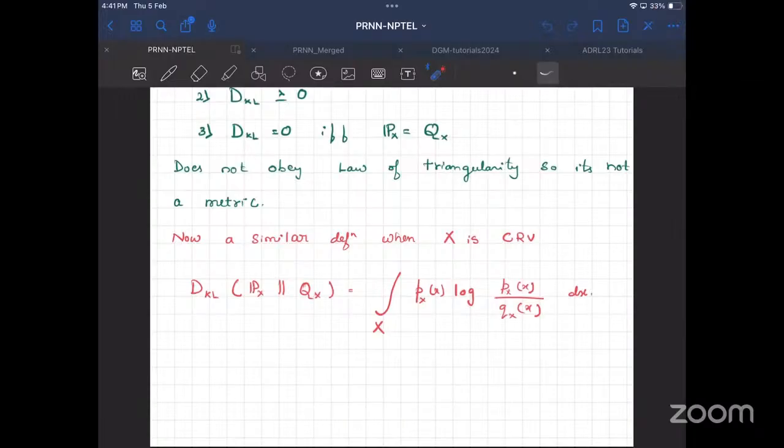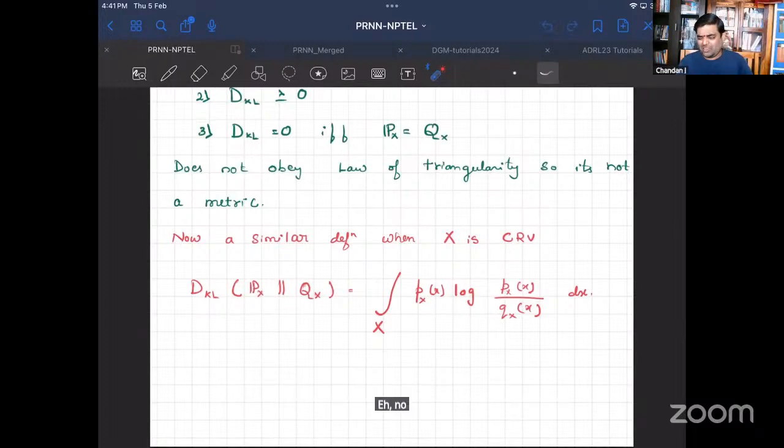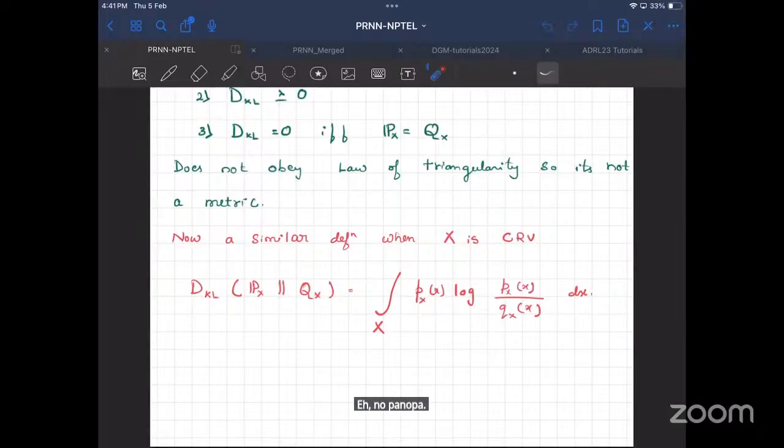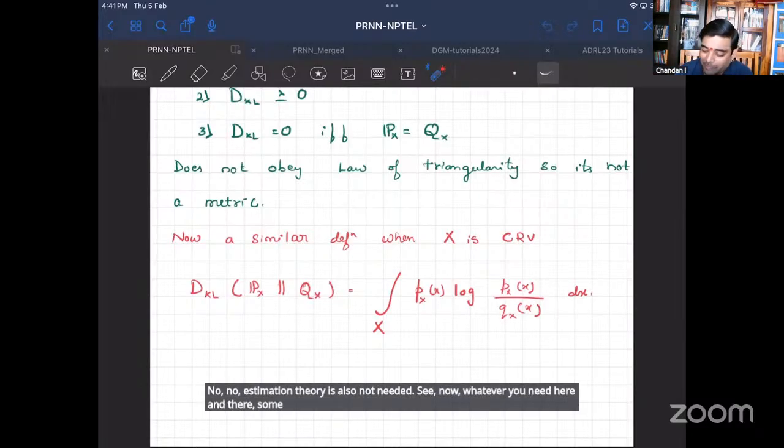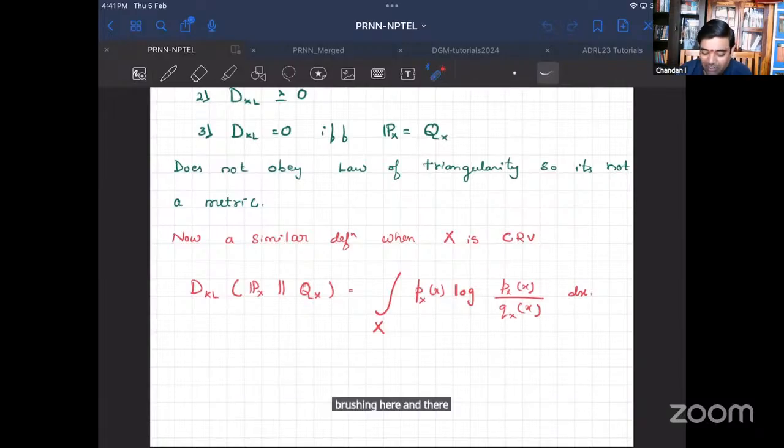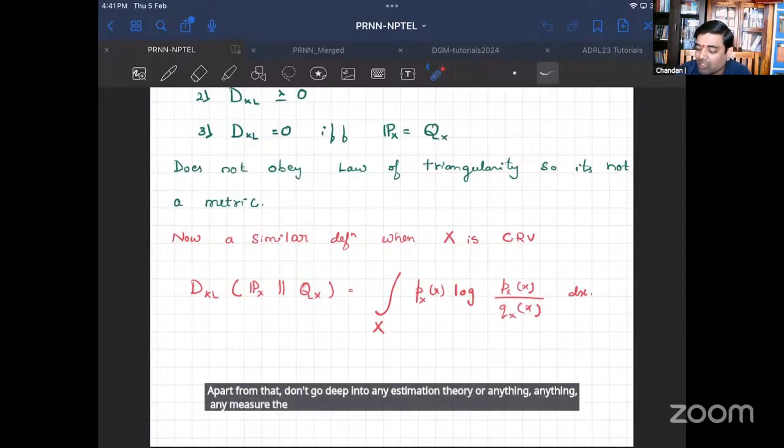And sir, do we need to study any part of measure theory for this course? No. And estimation theory? Estimation theory is also not needed. Whatever you need here and there, some brushing up is needed. Apart from that, don't go deep into any estimation theory or any measure theoretic ideas. We don't need it.